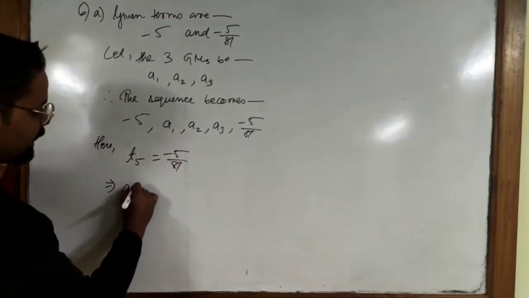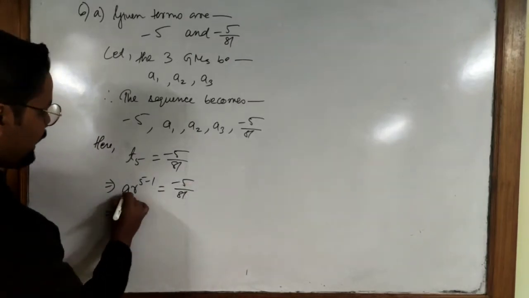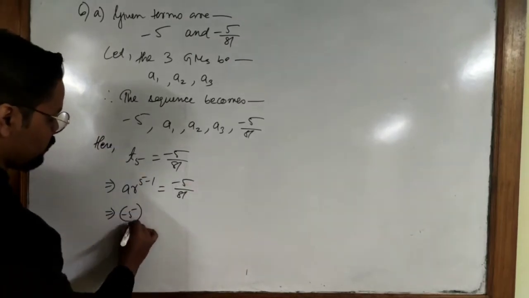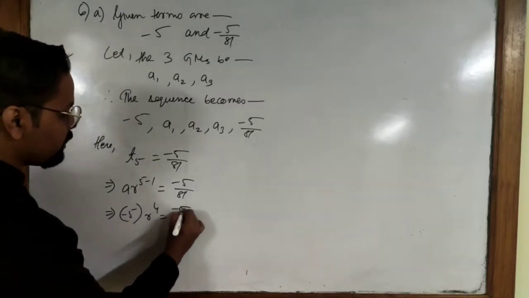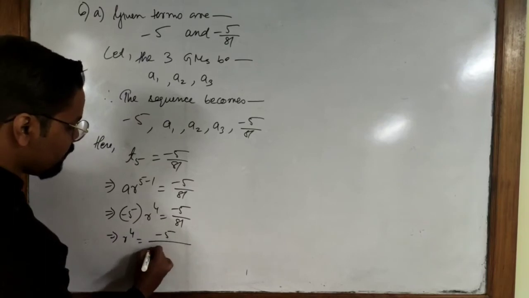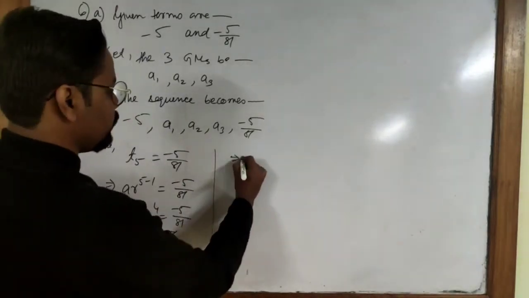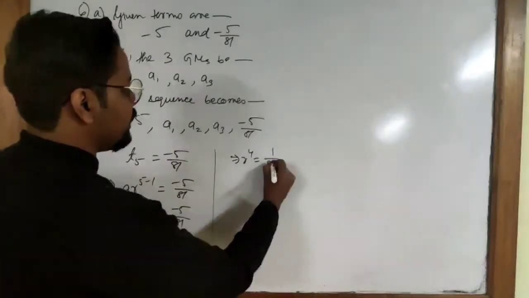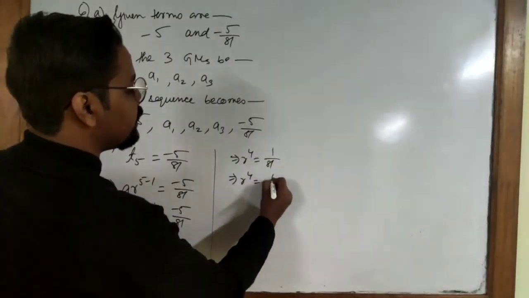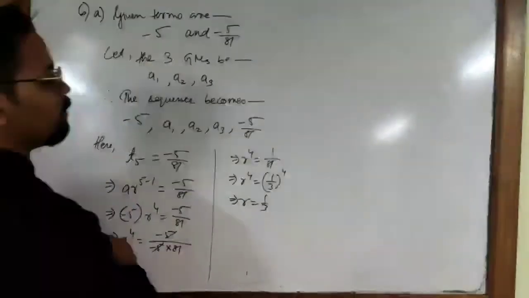T5 means A r to the power 5 minus 1 is equal to minus 5 by 81. A is minus 5 into r to the power 4 is equal to minus 5 by 81. So r to the power 4 is equal to minus 5 by (minus 5 into 81). These two will cancel out, so r to the power 4 is equal to 1 by 81, and 1 by 81 can be written as (1 by 3) to the power 4, and hence r is equal to 1 by 3.